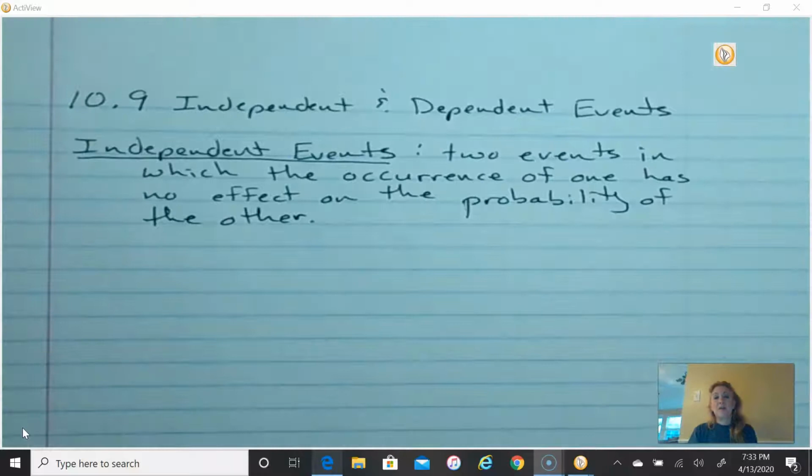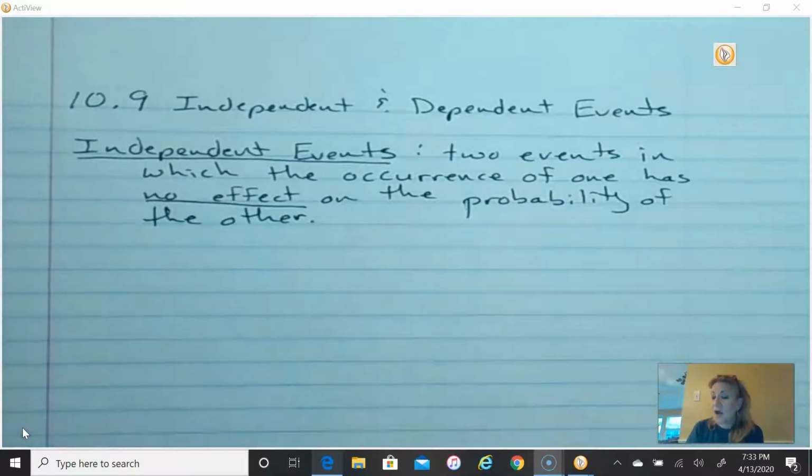Okay? So independent events, they are two events in which the occurrence of one has no effect on the probability of the other. Okay?